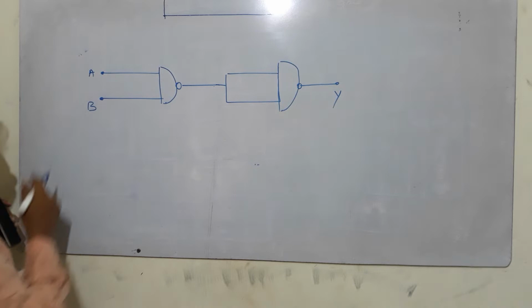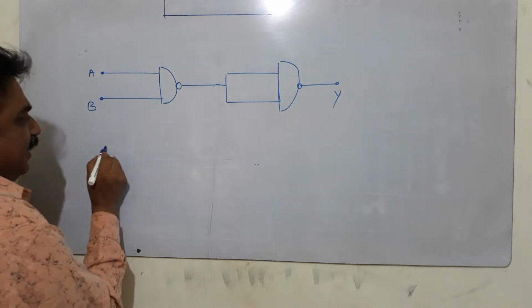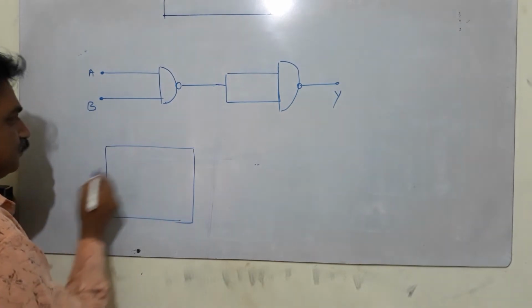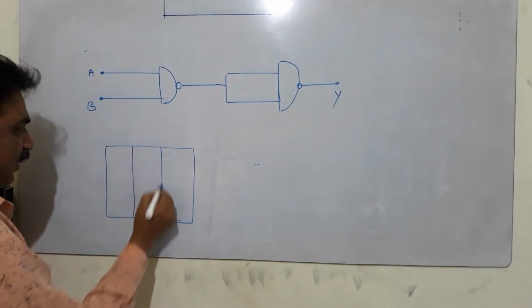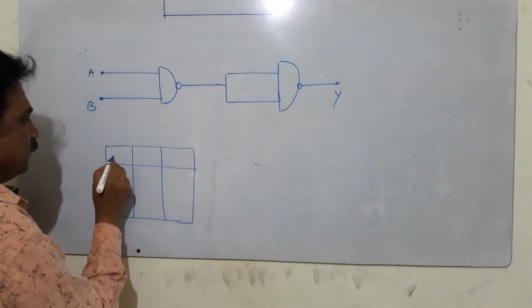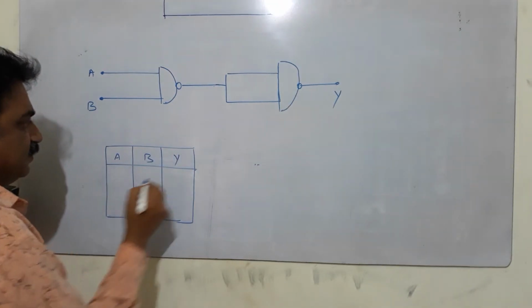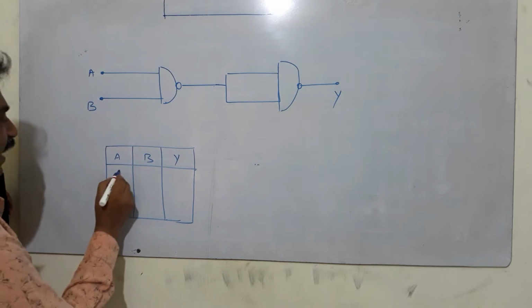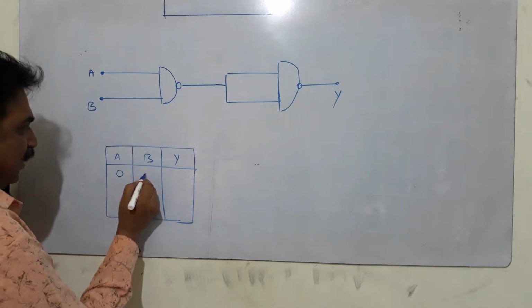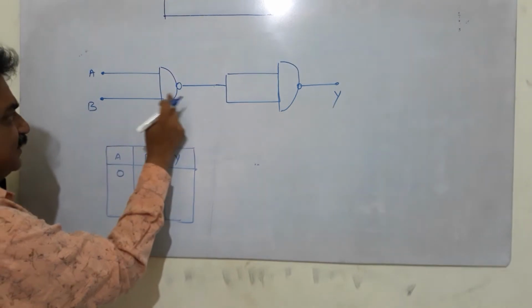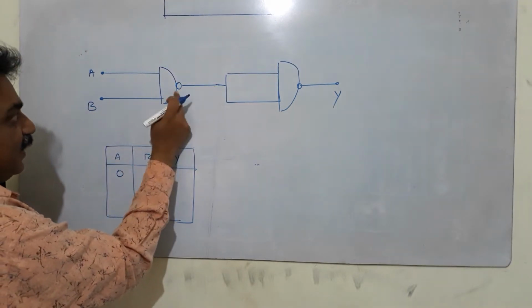See here, I am writing the truth table for this entire system. Here I am taking two inputs A, B, and the output is Y. Taking A 0, B 0, this part is the AND gate.